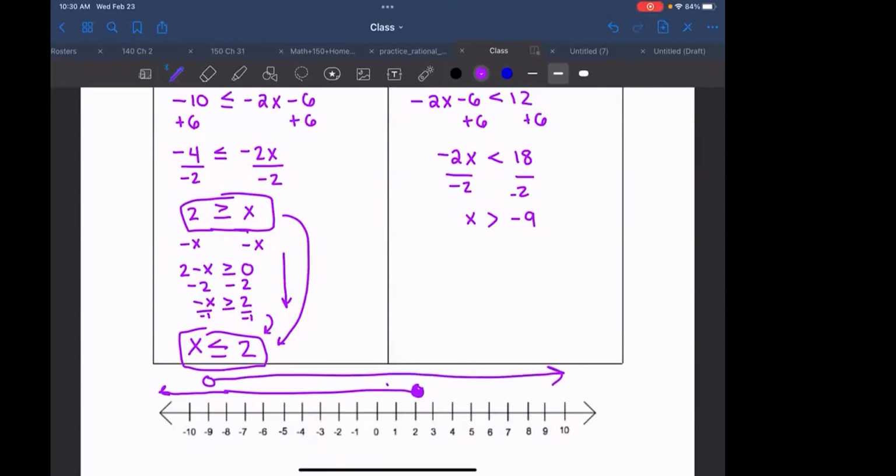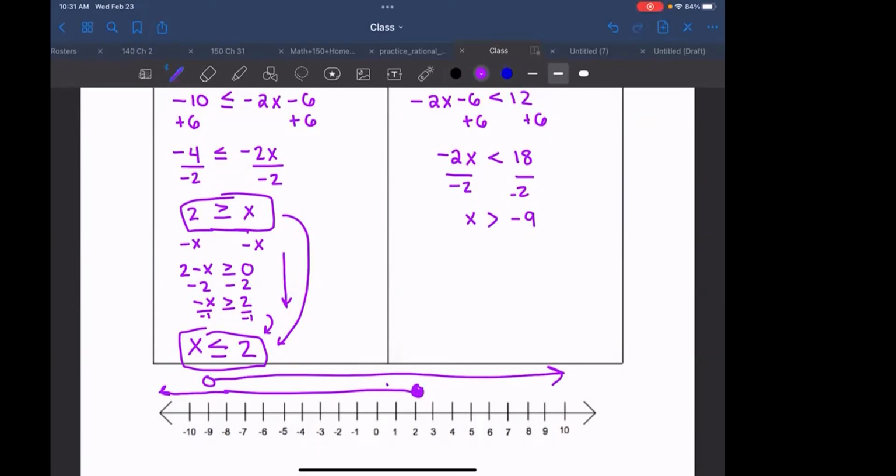Well, we have two conflicting pieces of information here, right? We have a circle at negative 9 that goes out, and then we have a circle at 2 that goes to the left, right? Well, our final answer has to be like the overlap between the two, okay? So what's true for both of these, okay?